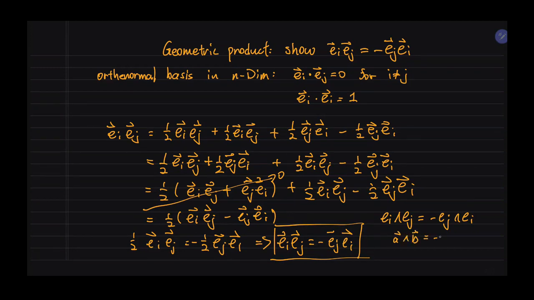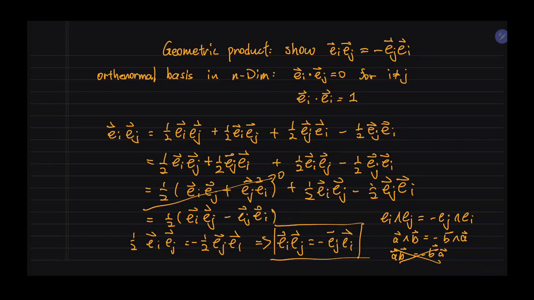A wedge B is equal to minus B wedge A, but that is not necessarily the case for the geometric product of vectors A and B. The geometric product from A to B being equal to minus B to A generally does not hold, unless A is at 90 degrees to B, and this will happen when we have orthogonal vectors.